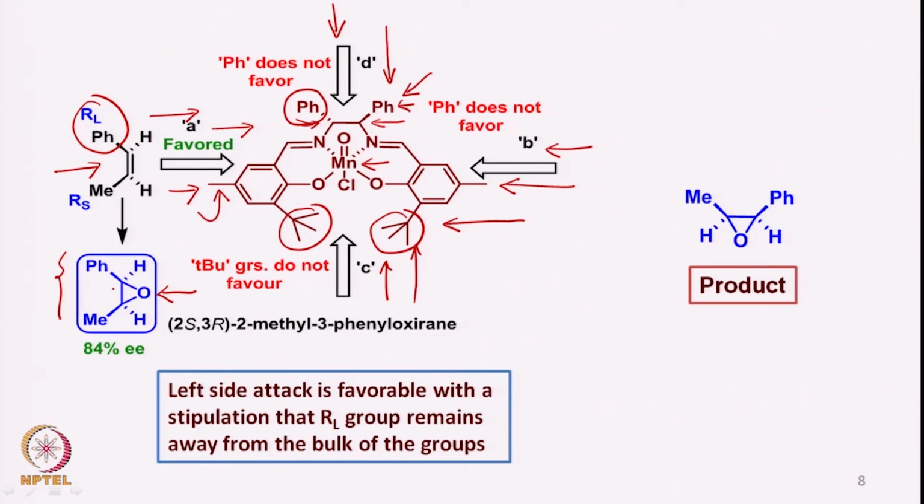This is the product that we get, which is 2S,3R, that means you have 1, 2 and 3. So you have here 2S and 3R as the configuration at the newly formed asymmetric centers.